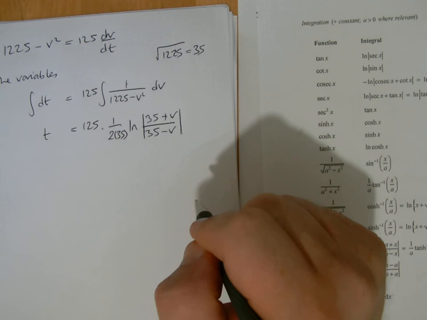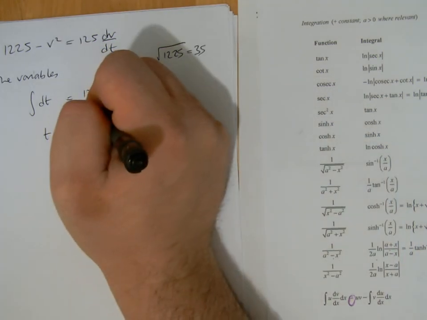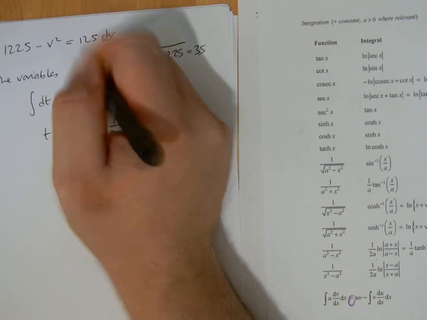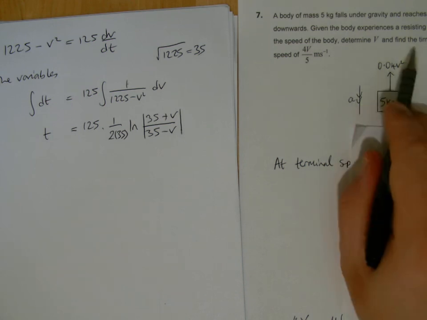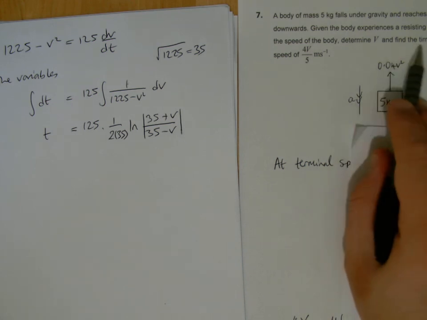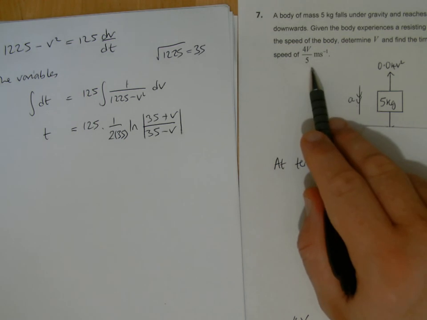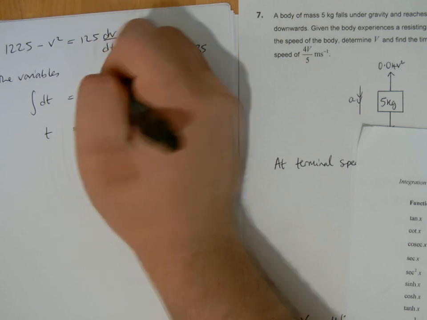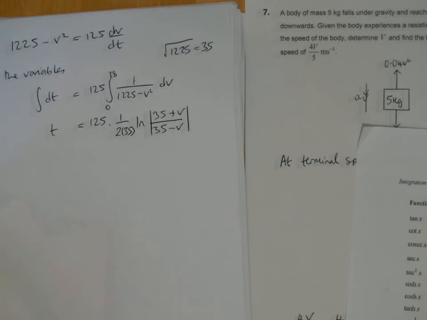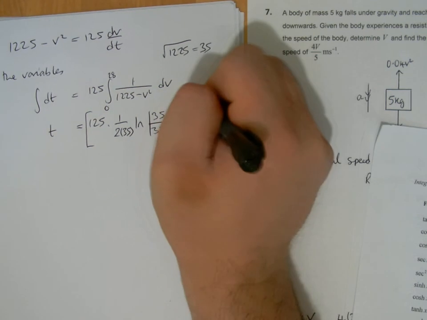Or you could put the limits here, because it is released from rest. It says find the time taken for it to reach a speed of 4v over 5, which of course was 28. So you could put limits in there from 0 to 28, to save having to go through the constant bit.